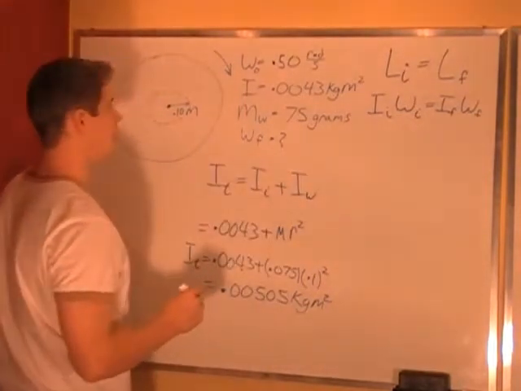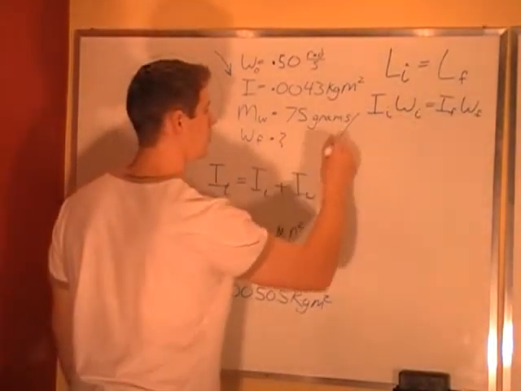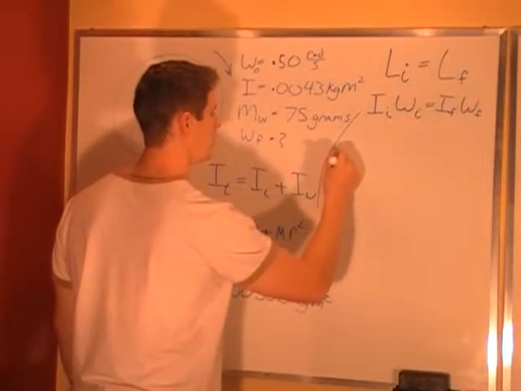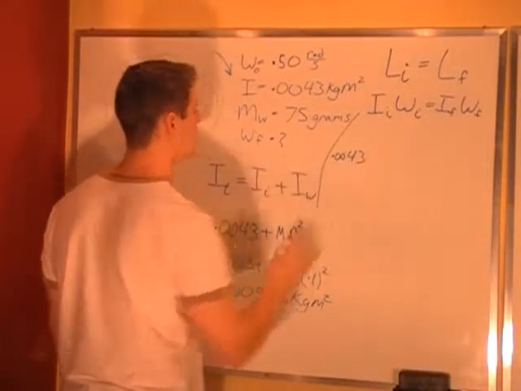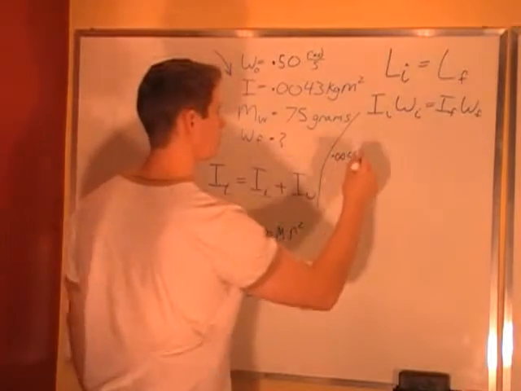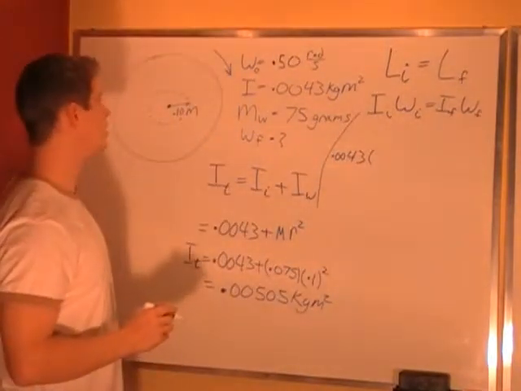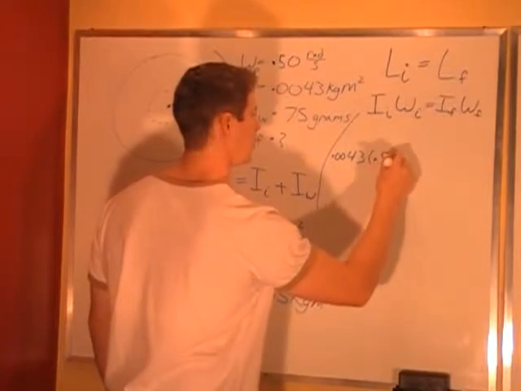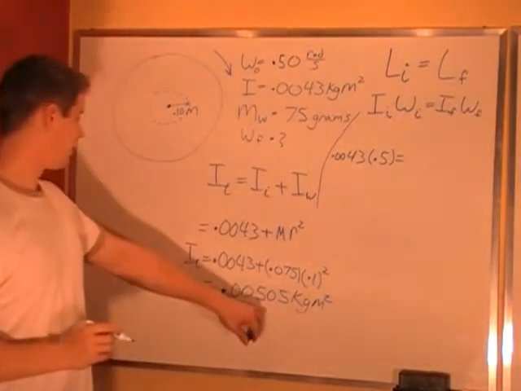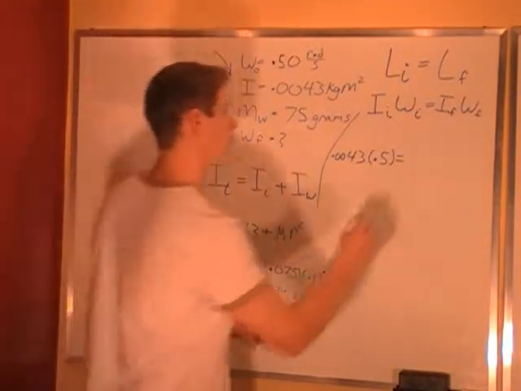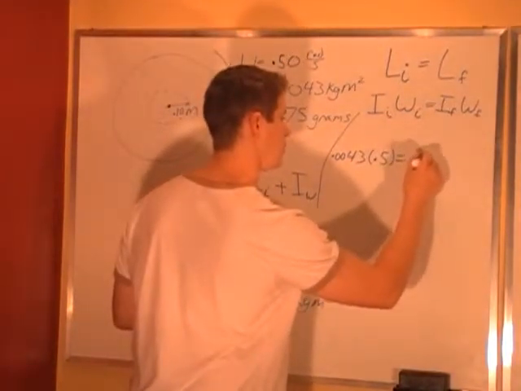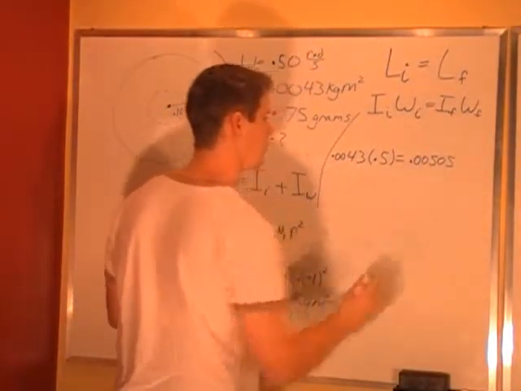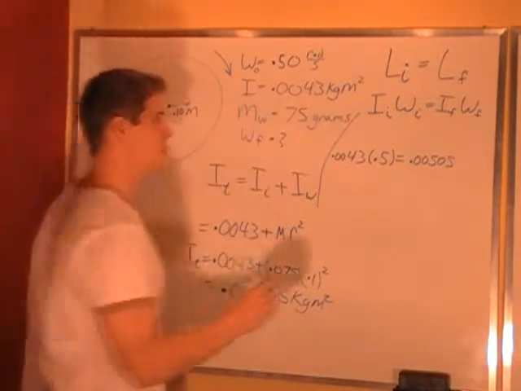So the initial moment of inertia of 0.0043 times our initial angular velocity of 0.5 is equal to the final moment of inertia, 0.00505, times omega final.